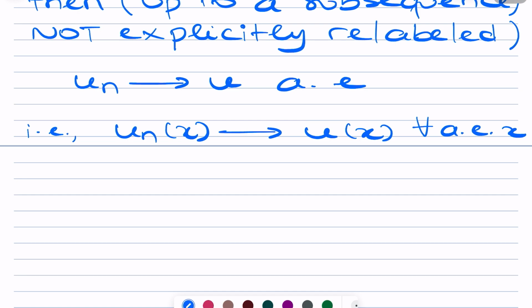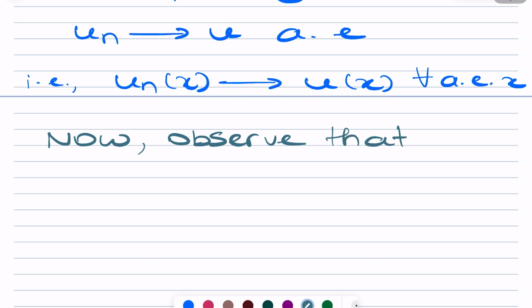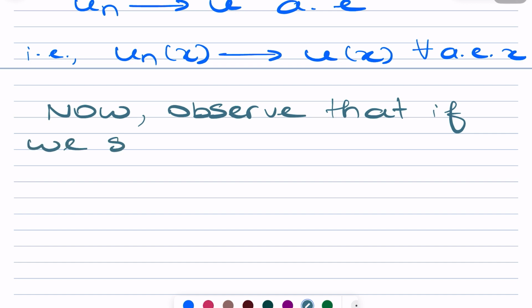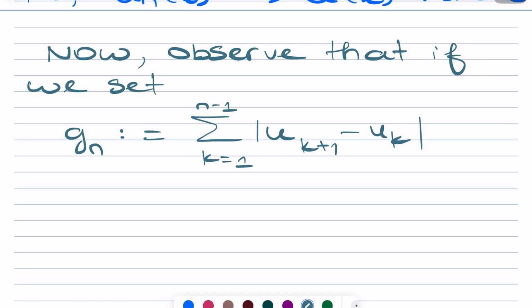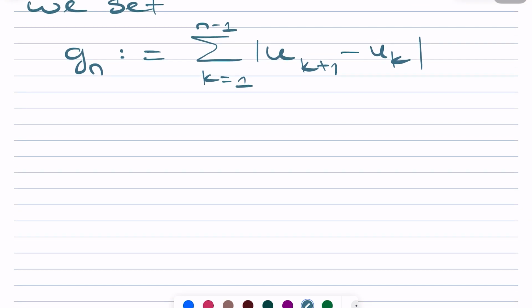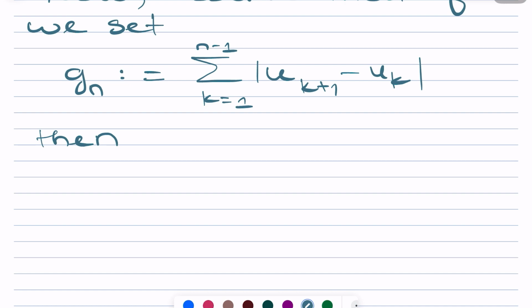Now, observe that if we set Gn to be the summation of the absolute value of uk plus 1 minus uk, k moving from 1 to n minus 1, then Gn is positive, and it's obviously measurable because the uk are measurable, being elements of LP of omega.